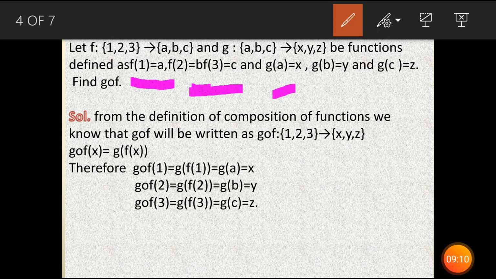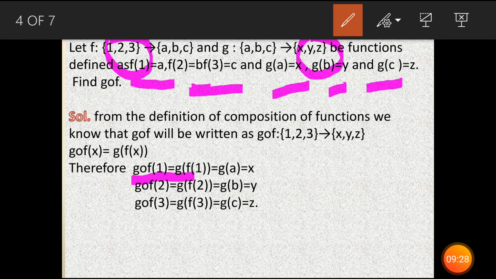Similarly, g(a) is x, g(b) is y, and g(c) is z. Then find GOF. As GOF is a function from 1, 2, 3 to x, y, z, we are going to take the values 1, 2, 3 for the GOF function.